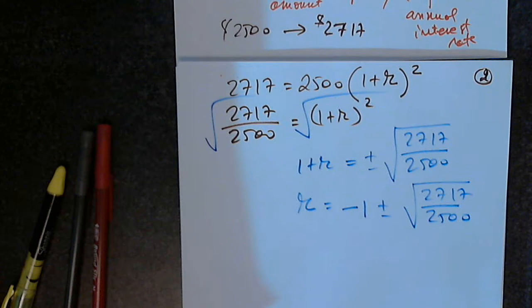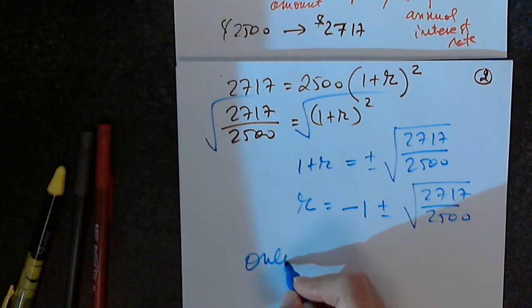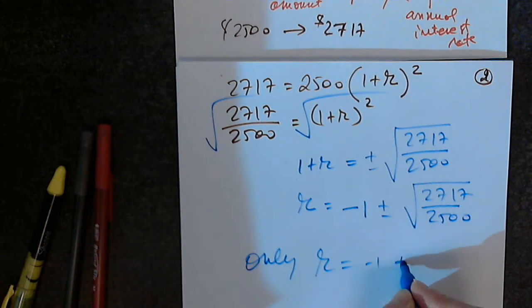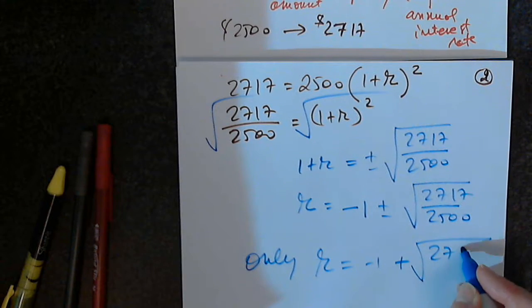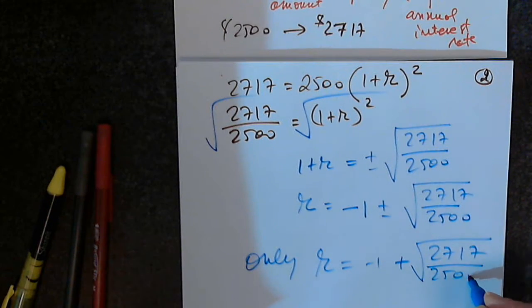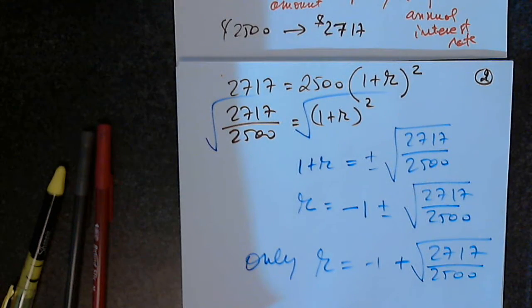Because we are talking about an annual interest rate, which of these two possibilities has to be disregarded? -1 plus the square root or -1 minus the square root? Right. So I will say only r equals -1 plus the square root of 2717 over 2500. Indeed.